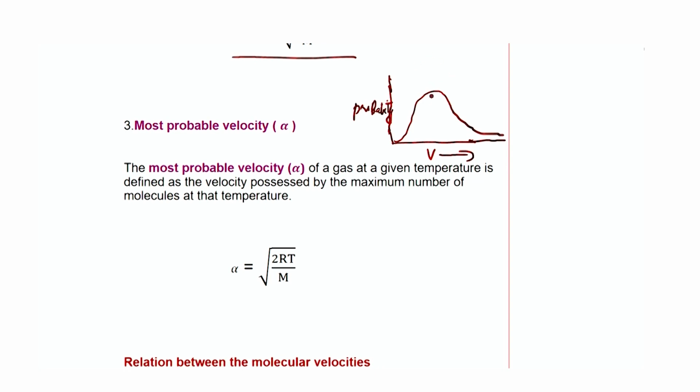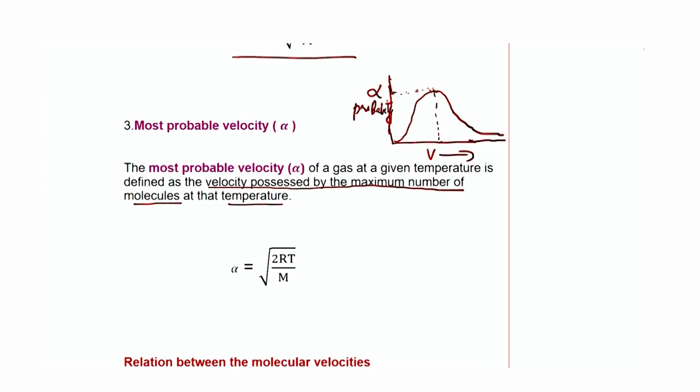The most probable velocity is the velocity possessed by the maximum number of molecules. The most probable velocity of a gas at a given temperature is defined as the velocity possessed by the maximum number of molecules at that temperature, denoted by the letter alpha.